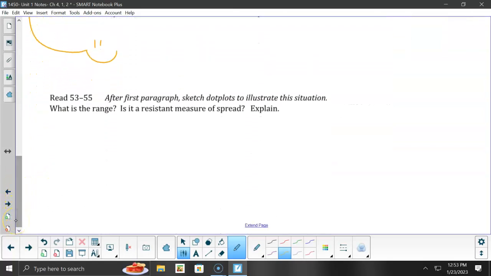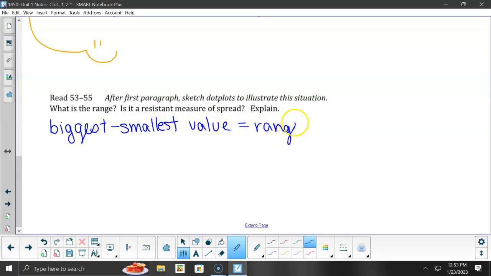So, what's range? Biggest minus smallest value. I was loving the charades of range, because half the class goes like this with their hands. All right, biggest minus smallest. Do we think range is going to be resistant to an outlier?